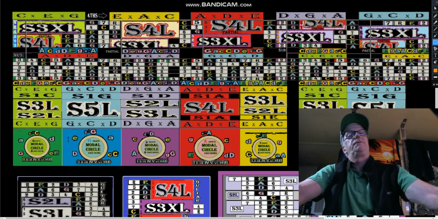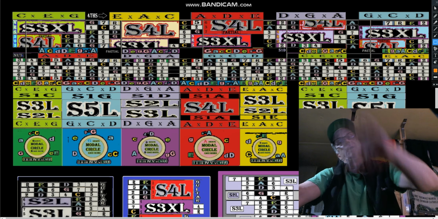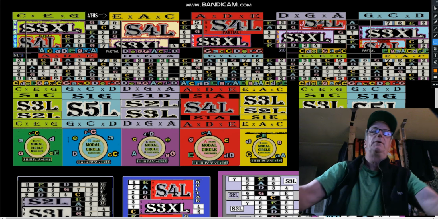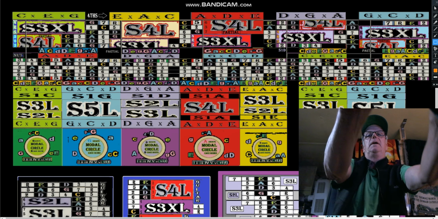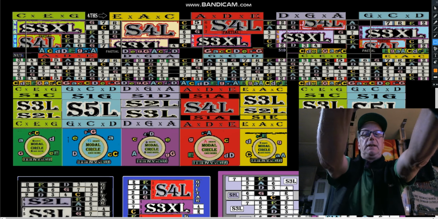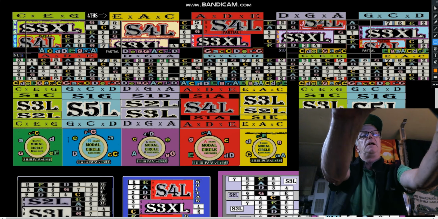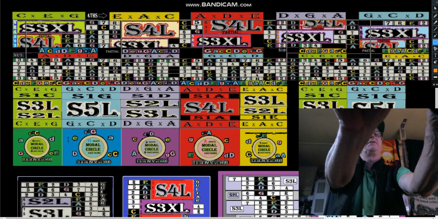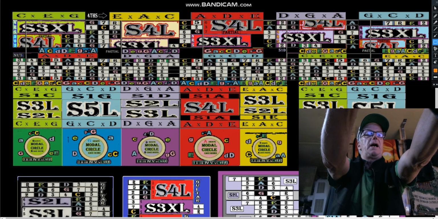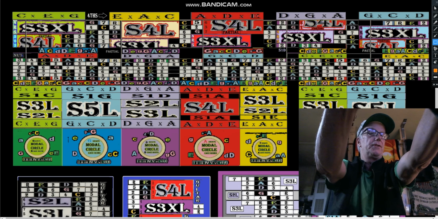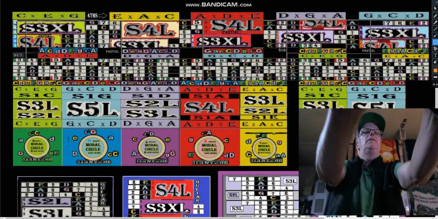That's 5 for each times the 12 tones. So we could do it in E. E major 7th, E dominant 7th, E minor 7th, E half diminished 7th as the 7th of F.